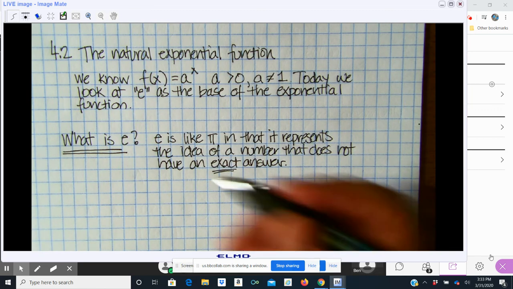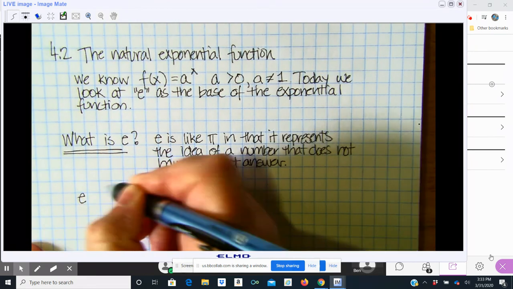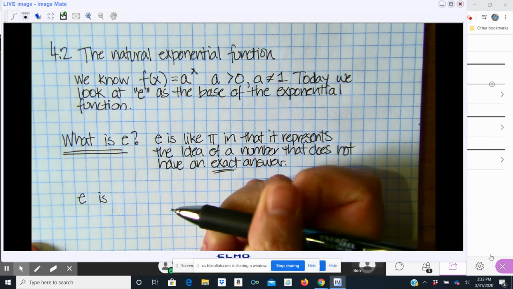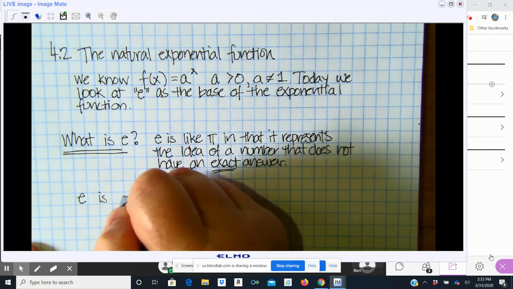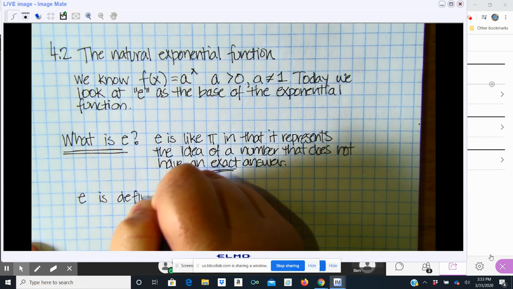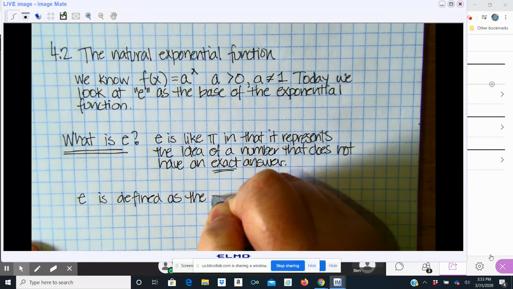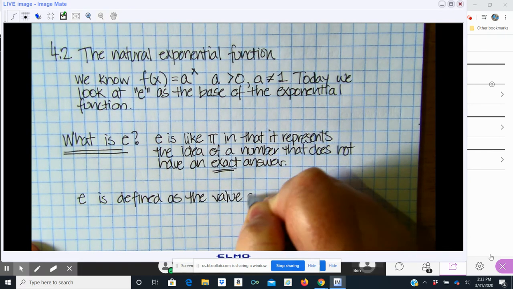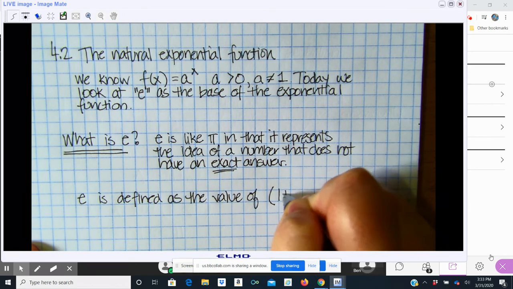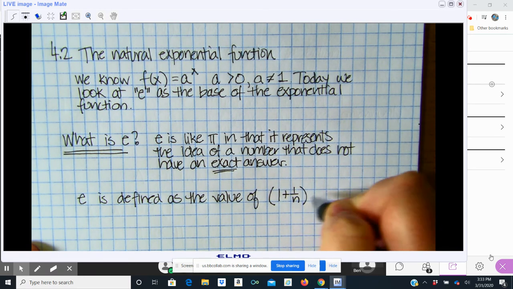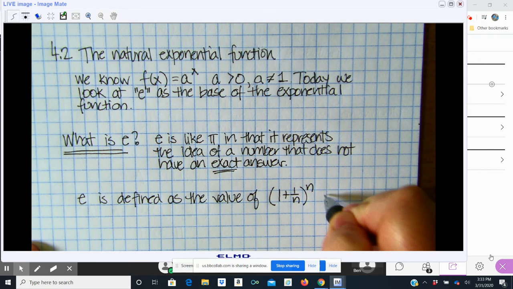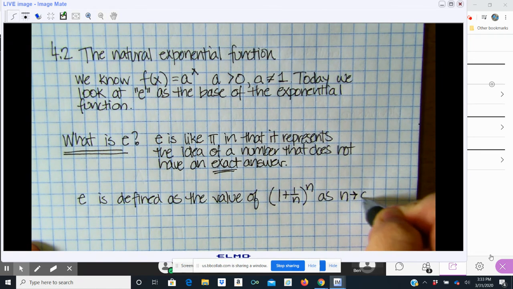So E is defined as the value of 1 plus 1 over n to the nth power as n goes to infinity.